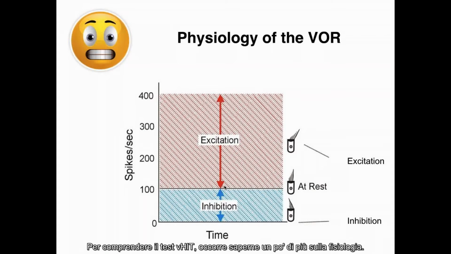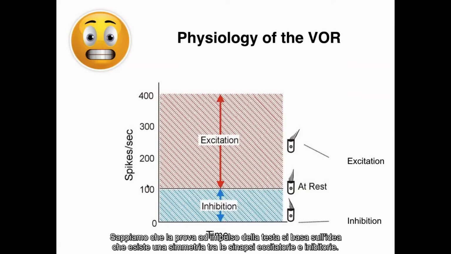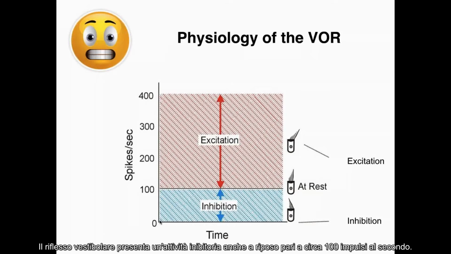Well, to understand the vHIT, you need to understand a little bit about physiology. We know that the head impulse is based on the idea that there is an asymmetry in the excitatory and inhibitory response. Our vestibular system has neural firing activity even at rest, which is about 100 spikes per second.